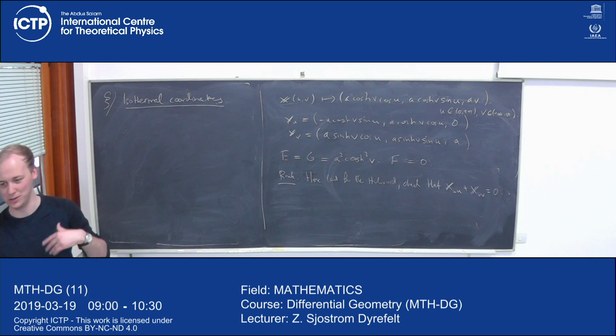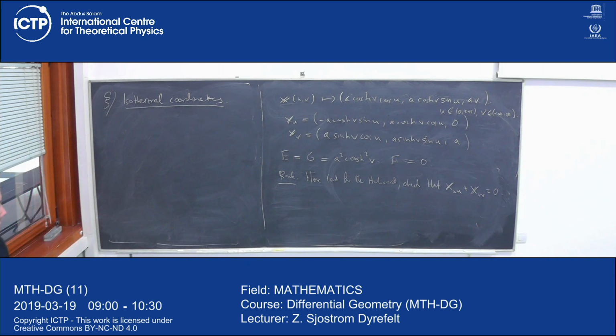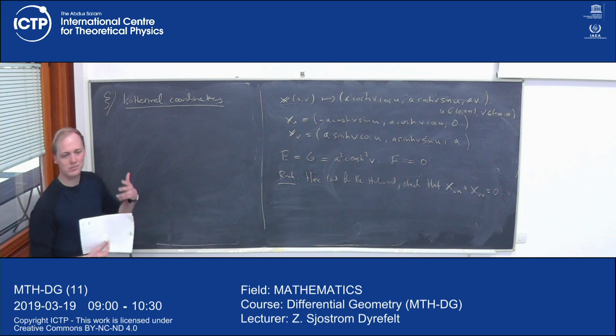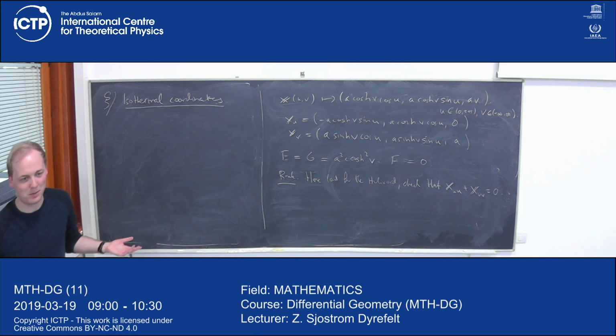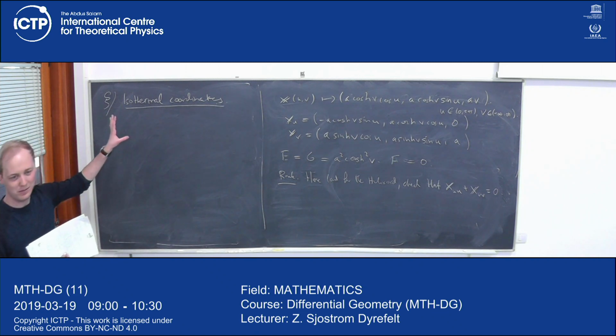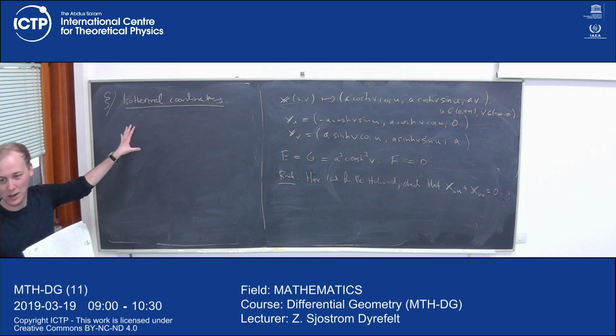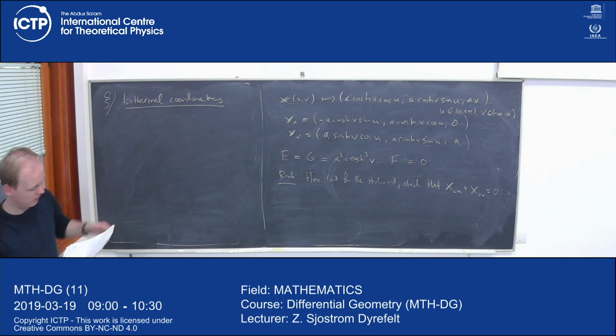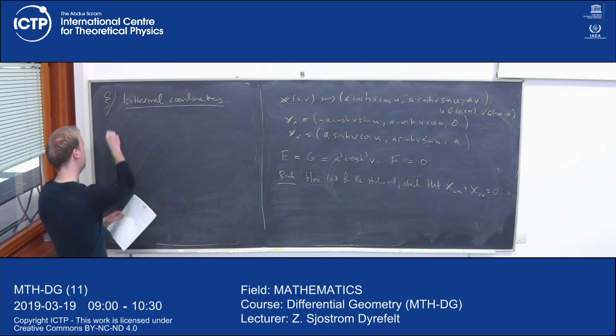For curves, you just use the unit speed parametrization. For surfaces, what is a particularly nice parametrization? Well, the thing that I will tell you about now, which is called isothermal coordinates, is exactly one of those. So the definition is the following.